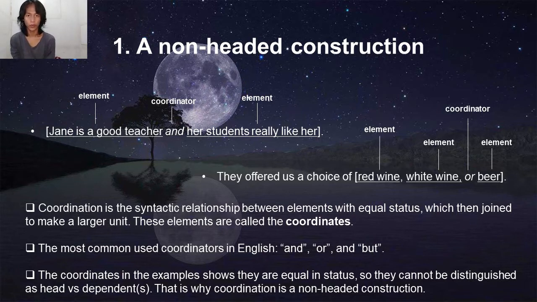Also, remember that coordinates need to be of the same status. They need to be equal. So they cannot be distinguished as head versus dependent, like in any other construction in grammar.